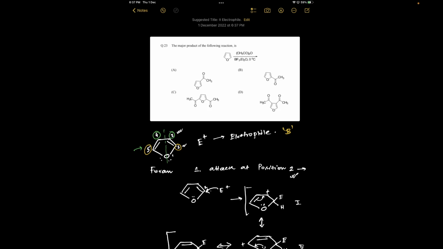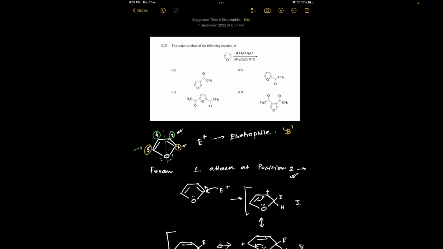But here the temperature is 0 degree centigrade. Now if we increase the temperature from 0 to, let's say, room temperature, or I don't know the exact amount, then the product C will also form, because in that case the electrophile can attack at both positions, number 2 and number 5. But at 0 degree, the electrophile will attack only one position. The monosubstituted product will form like this.